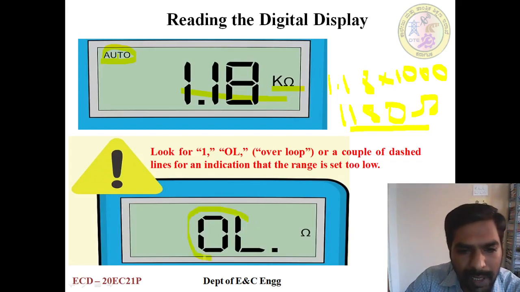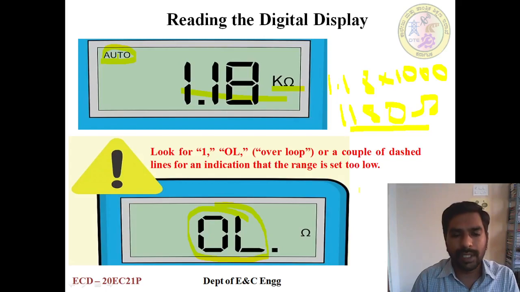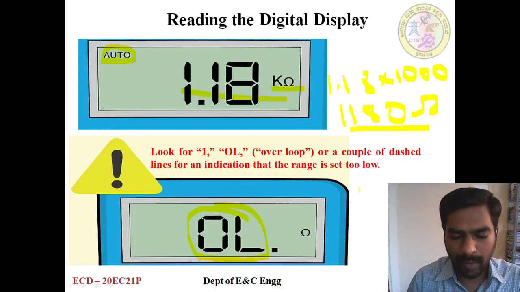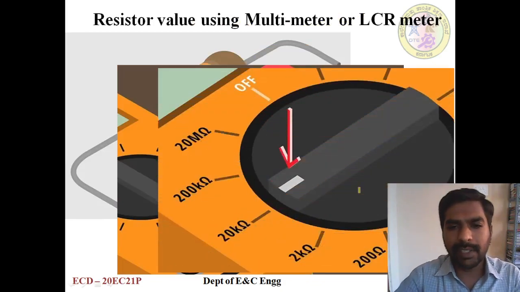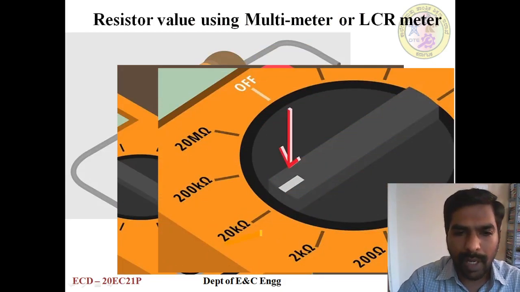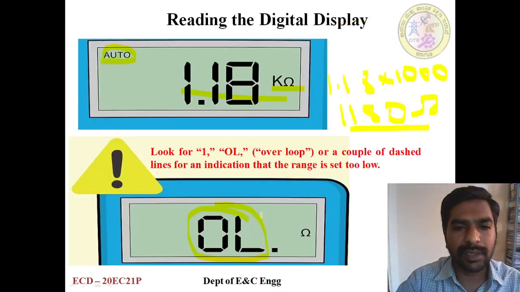Sometimes some digital displays show OL. This indicates infinite, meaning out of range. In the previous case, if the range knob is selected at 20 kilo ohm but our actual resistor value is around 20 mega ohm, it will display like this.